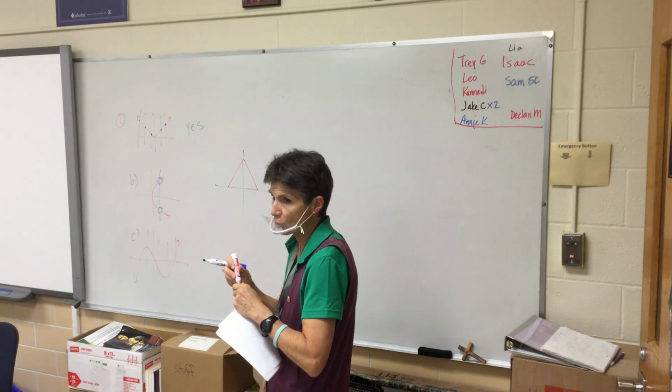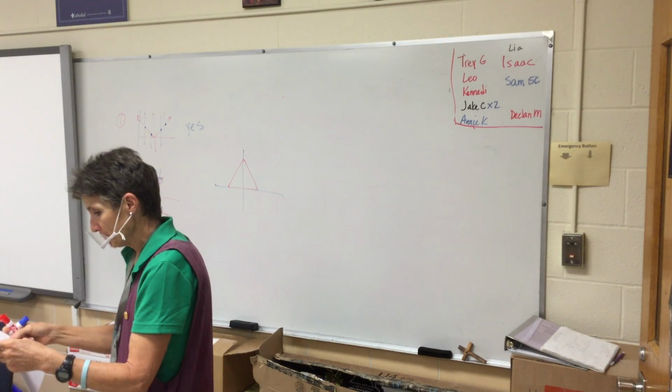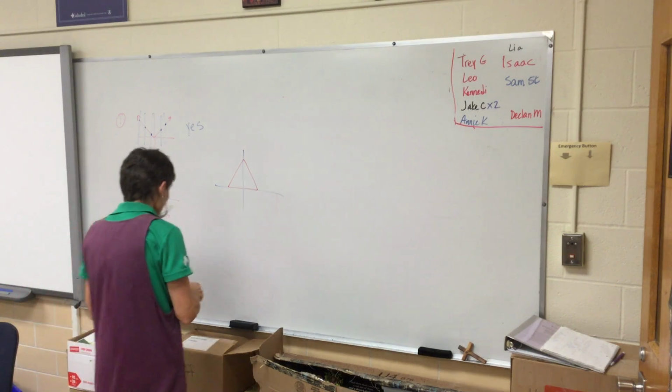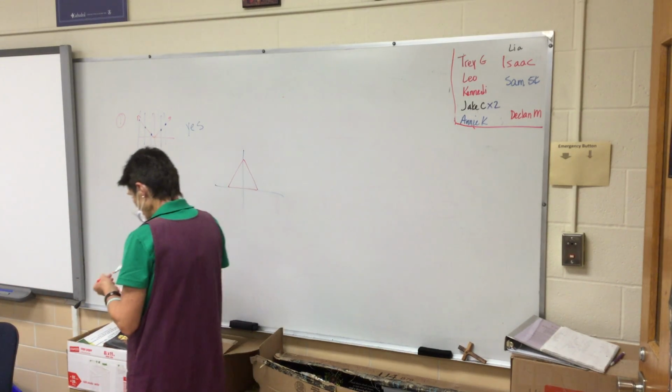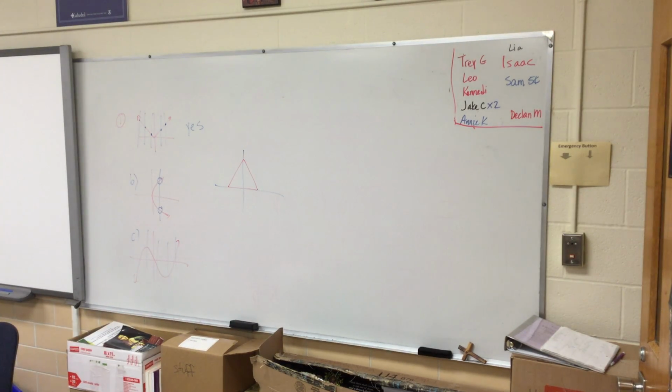But I think it's just the triangle part, or the V part. And then what about F? No. It is a no. So, is everybody reasonably confident with identifying whether pictures are functions or not? Yes. All right. So then the next thing we have to do is talk a little bit about domain.